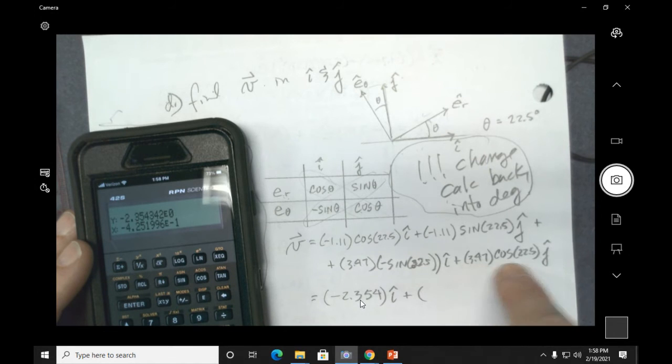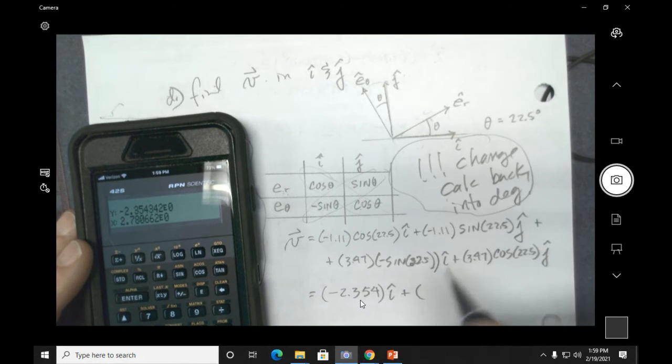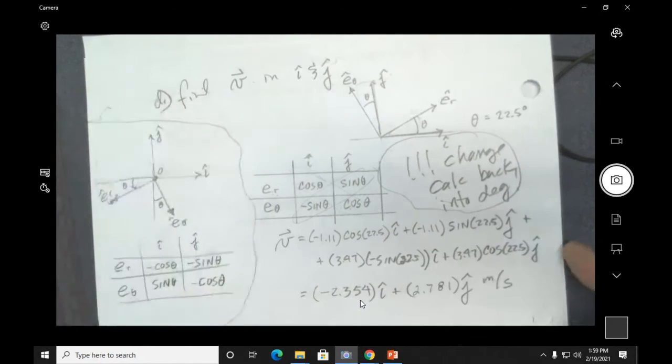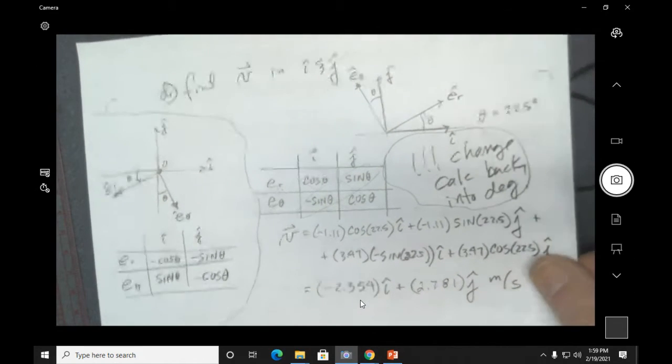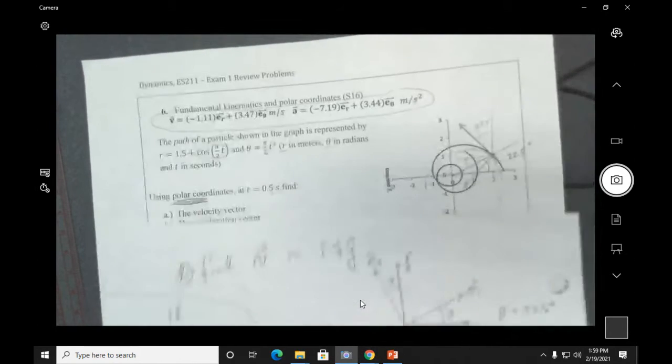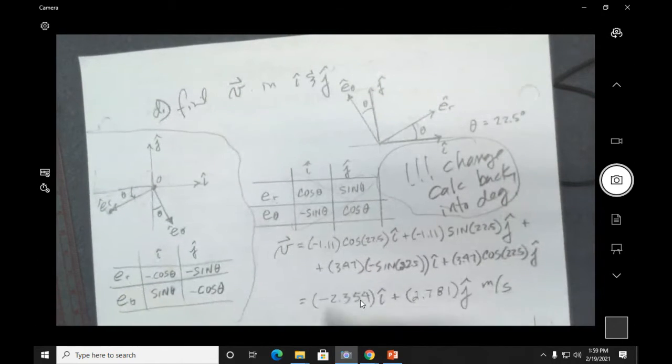And then this last one right here, 3.47, 22.5, take the cosine, multiply those two, and that's going to be positive, so we add this together and we get 2.781 j, and this would be meters per second. So when we take a look at that, we see that's going left, and that's going up. Yes, it's going left and it's going up, so I'm confident here.